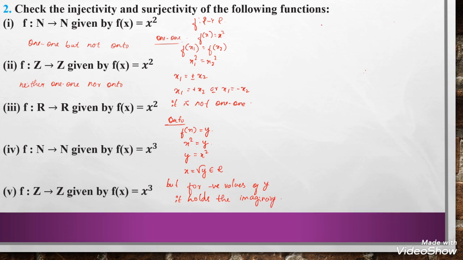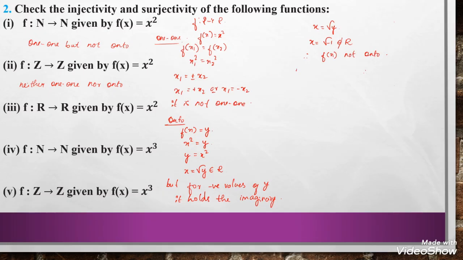That is, x is equal to root of minus y, which is not a real number, because it is an imaginary number. That's why the function f of x is not onto.